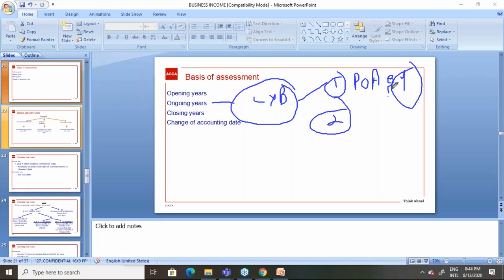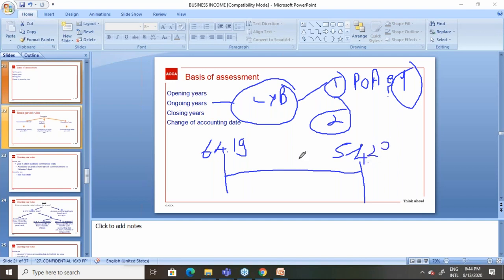Say your tax year is 2019-20, starting on the 6th of April 2019, ending 5th of April 2020. Your period of account ending on 31st December 2019.